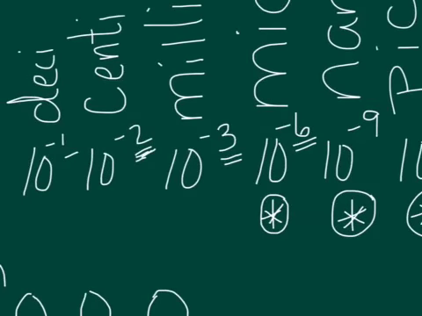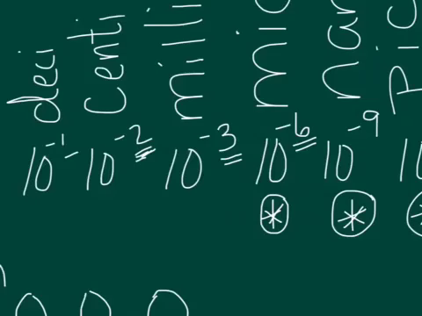Now, if I wanted to convert from a centi to a milli, as in how many centimeters are in a millimeter, or more aptly, how many millimeters are in a centimeter, well, there's only 1 decimal place difference between the two. So if there's only 1 decimal place between milli and centi, that must mean that there are 10 millimeters in a centimeter.